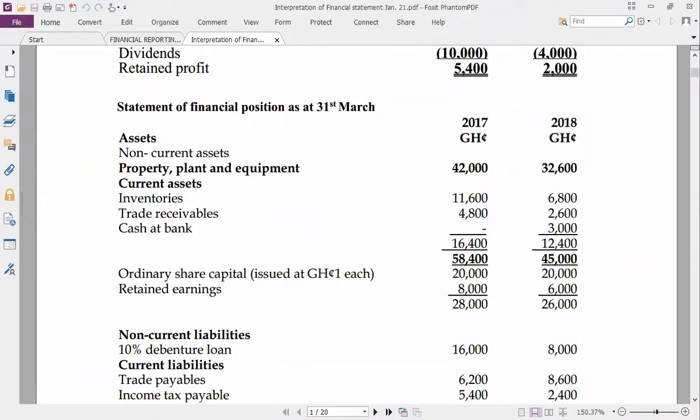So in that case you have to use 11,600 as the average. But the average inventory cannot be determined. So we have to calculate the ratios for both years.